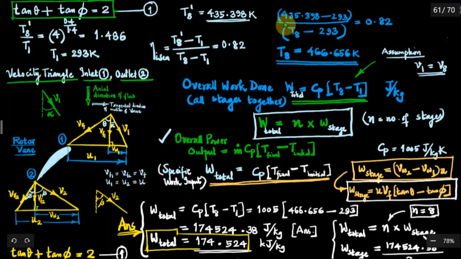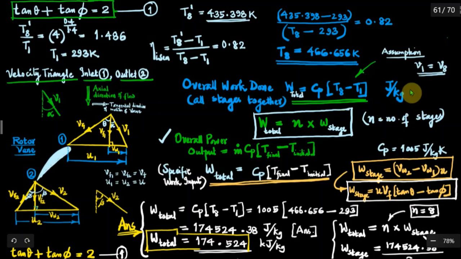What is T8? T8 is the temperature at the end of actual compression, of the air coming out of the axial flow compressor given in the question after 8 stages. So the final temperature now is 466.656 Kelvin. See, the overall work done, all the stages together, we can represent by W total, that is equal to Cp into T8 minus T1, that much joule per kg.